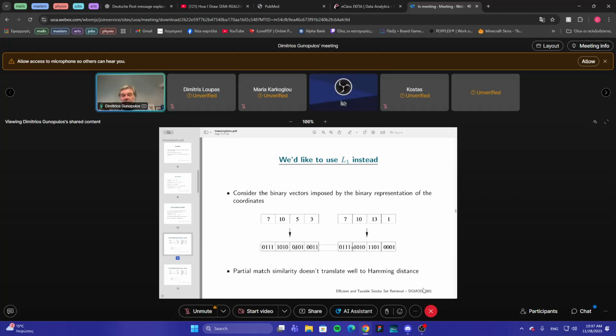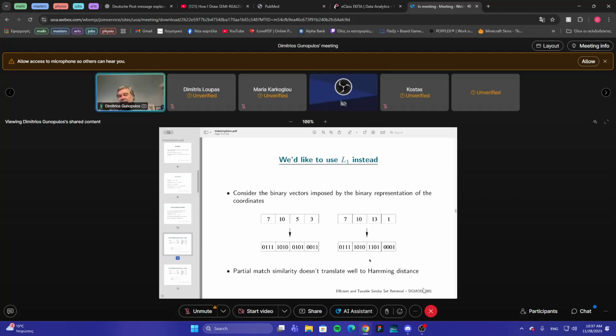This is 0, 1, 0, 1, and this is 1, 1, 0, 1. So 5 and 13 are actually quite similar if you represent them as binary, but they're not the same, and I care only if these two are the same or not.